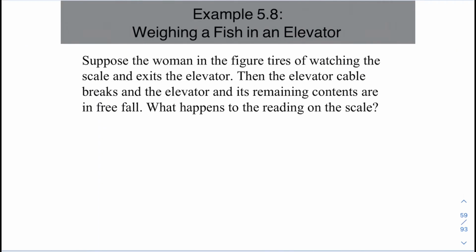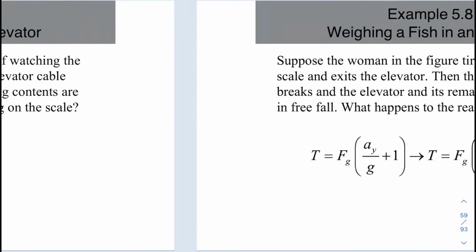Suppose the woman in the figure tires of watching the scale and exits the elevator. Then the elevator cable breaks, and the elevator and its remaining contents are in free fall. So now, when you have the keyword in free fall, it means that AY is equivalent to G. What happened to the reading of the scale?